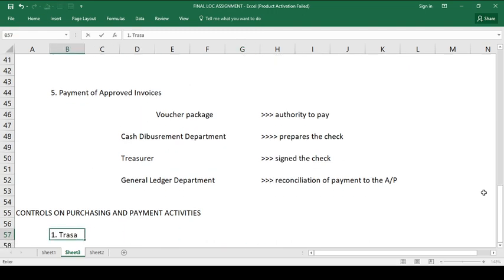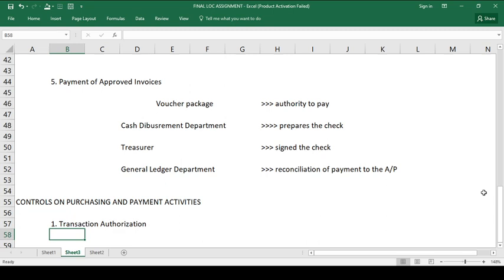Transaction authorization. Why? This is very important, no?